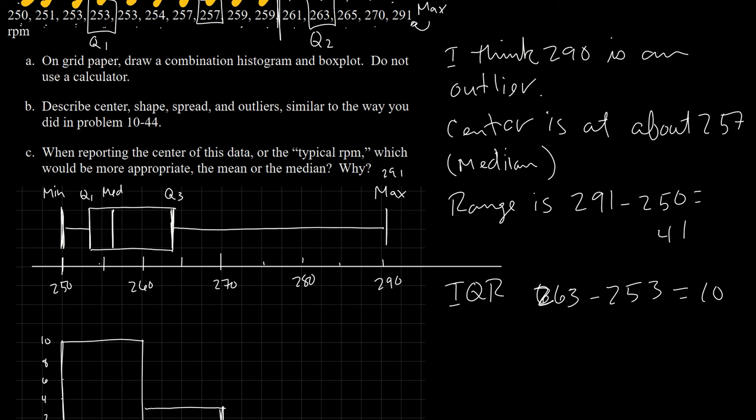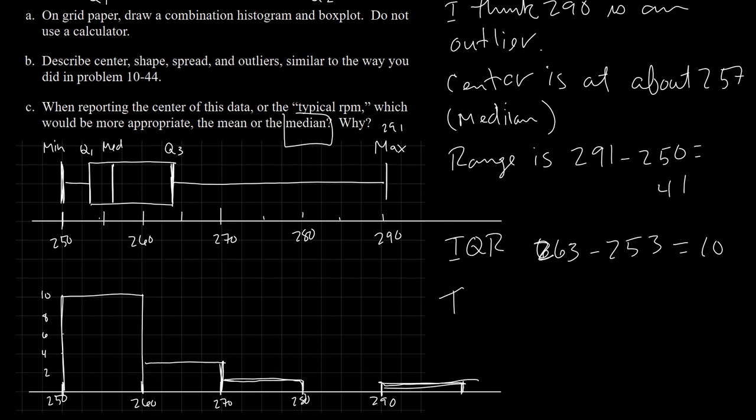Good. And they are referring us back to question 44, but I'm not going to go back to it. When reporting the center of this data, or typical RPM, which would be more appropriate, the mean or the median? Why? And we already said this, right? We said the median.